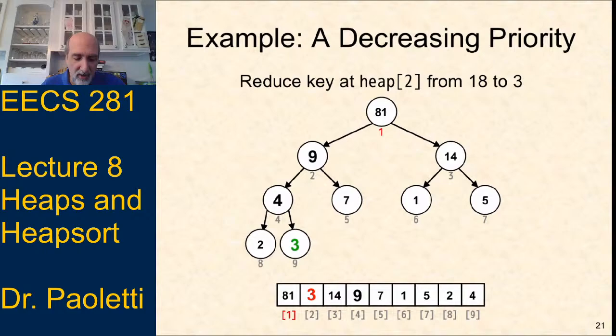I say, hey, I've done everything I need to do on the tree, and then I just cross out stuff in the array representation and say, hey, that's now a 9, and that's now a 3, and that's now a 4. So I just do the tree representation and then make the array representation match the tree, which is the easier way to do it, I find.